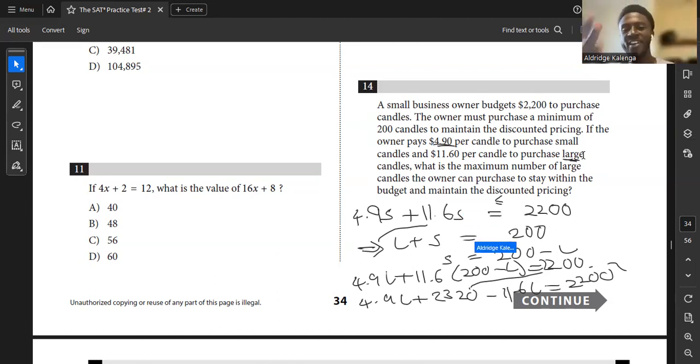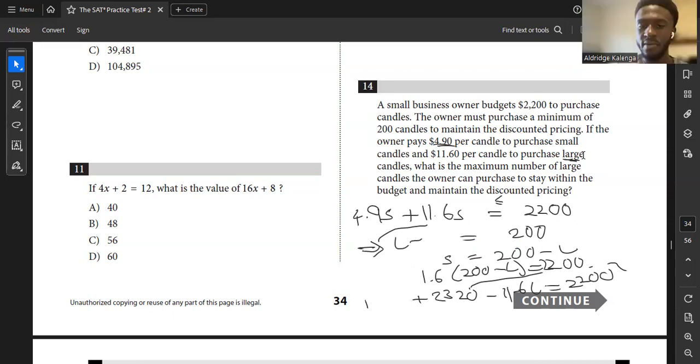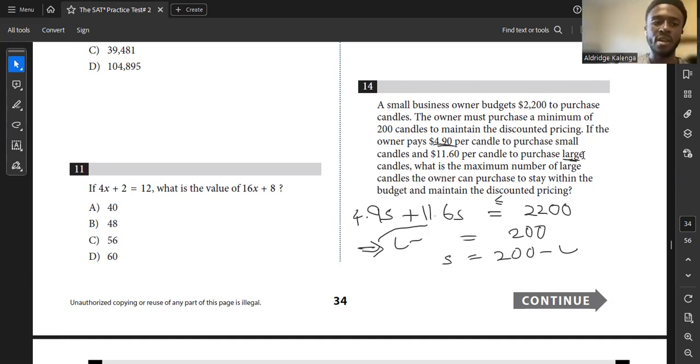And the small and large candles should still be equal to 200. So this is still 200 minus L. Everything is still the same. We just need to plug in the right values. I'm just going to erase this part of it. Okay, I think that should be okay.